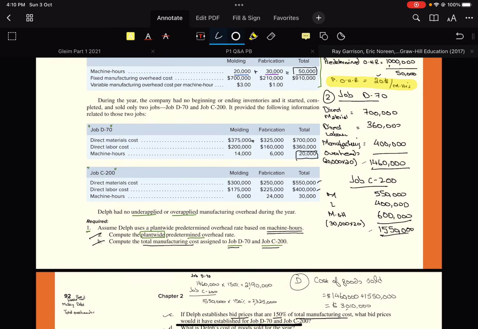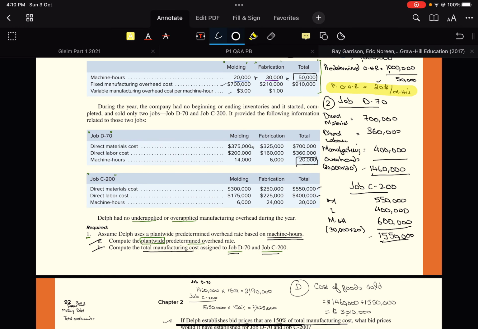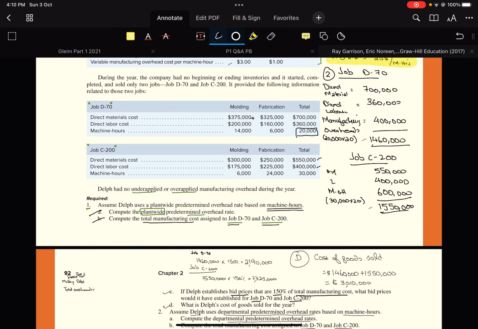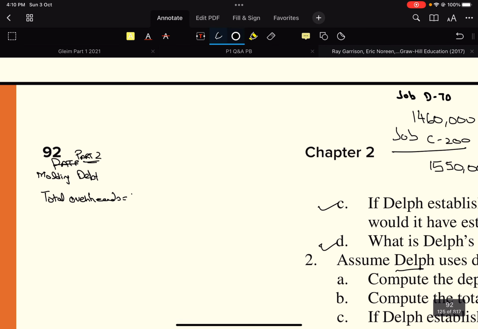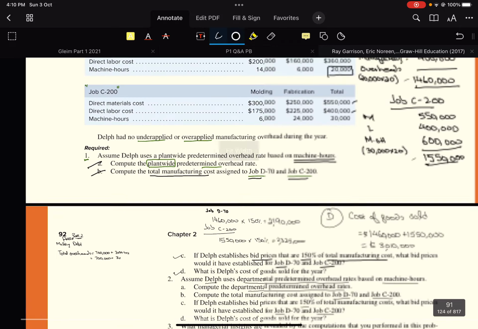Okay, so we need to find out individuals. 700,000 plus 3 into machine hours. So this was 700,000 plus 3 into 20,000.